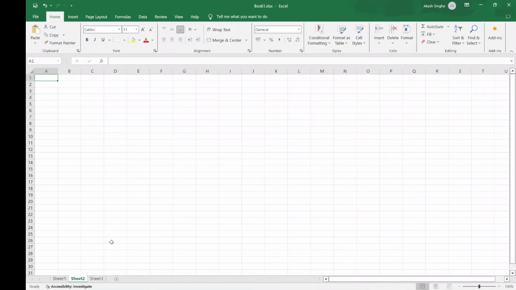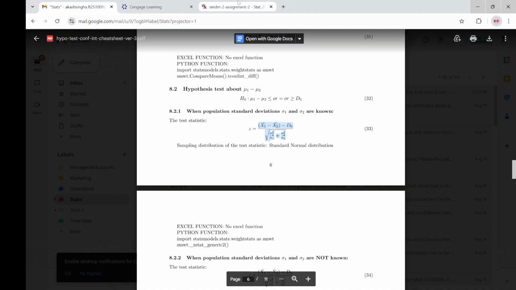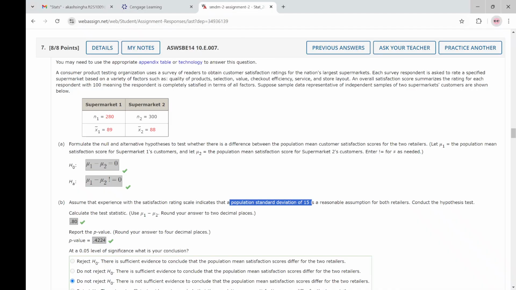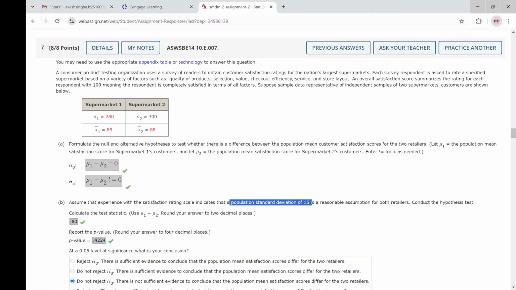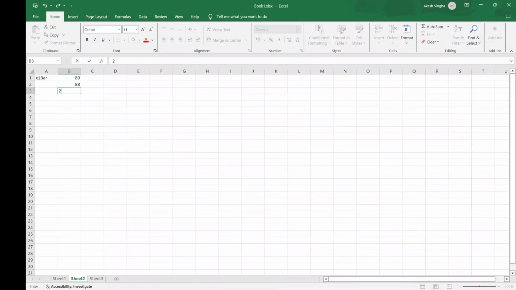Let's create a sheet. X1 bar equals, it's given, 89, 88, N1 280, N2 300, standard deviation 15 for both.